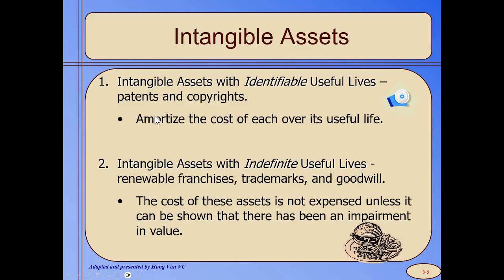Examples of intangible assets with identifiable useful life include patents and copyrights. These intangible assets are amortized over their useful life.